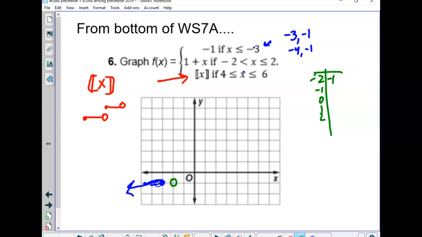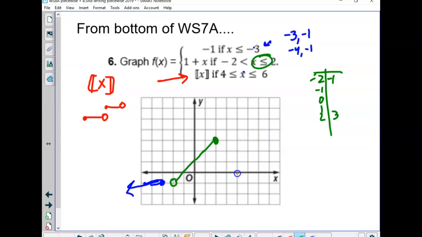So there was a gap in there. And now it's open, and then what's it supposed to be doing? Yeah, the slope is 1, so it's just going up by 1 until it gets to 2. 2 plus 1 should be at 3. Solid or open at 2, 3? Solid because of this or equal to right here.